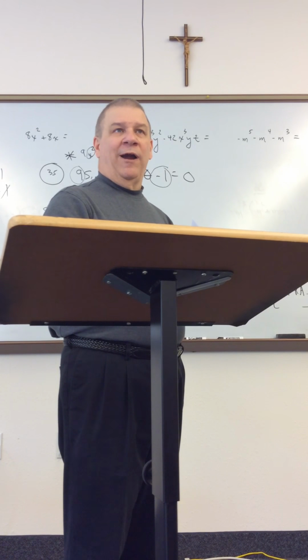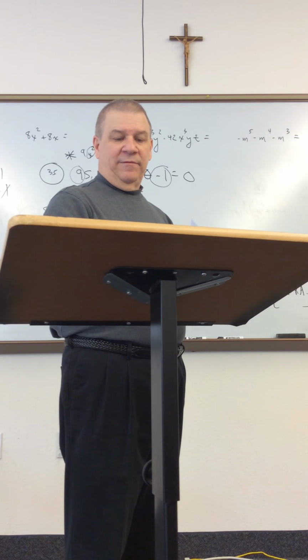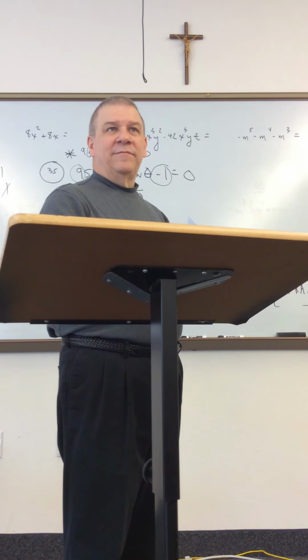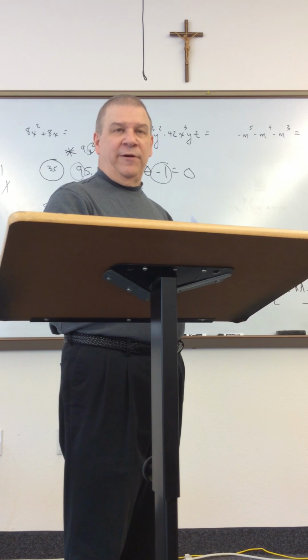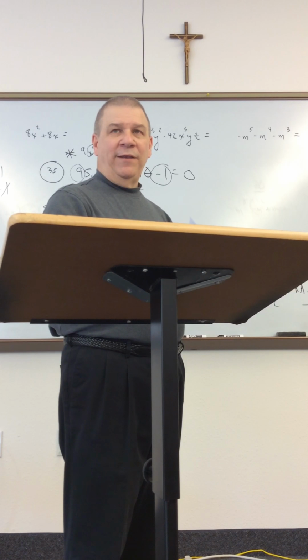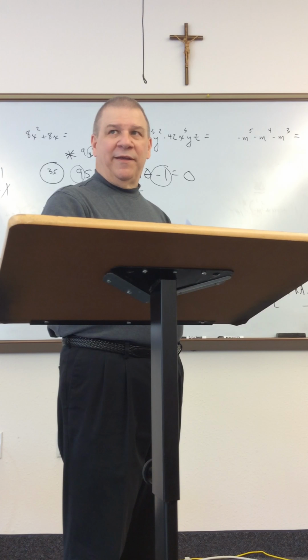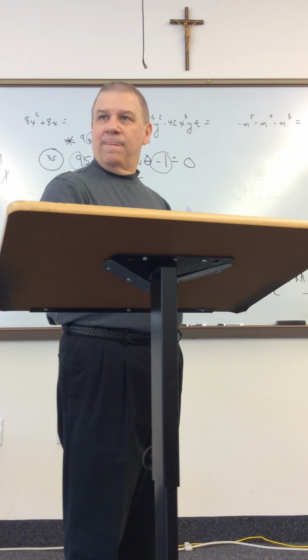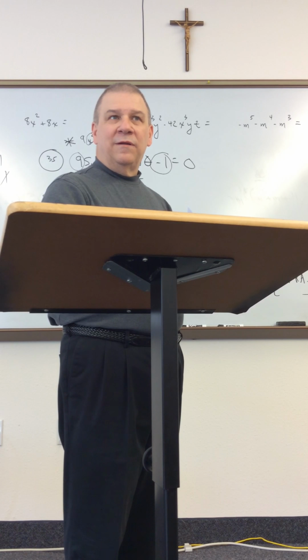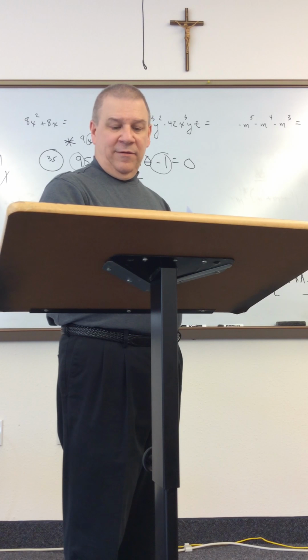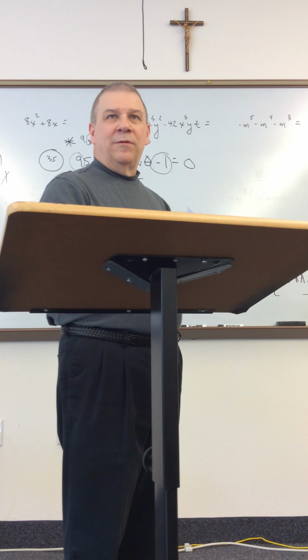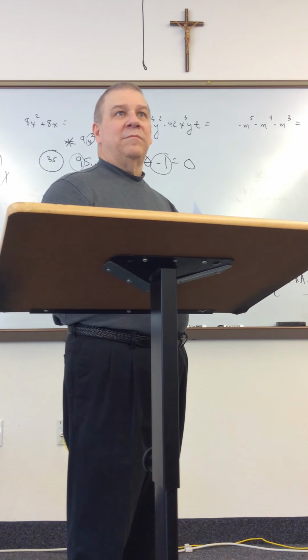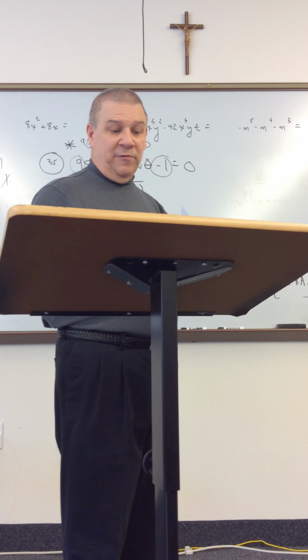In 34, how are you going to start? Look at it. Someone? Come on, I showed you this. How are you going to start in 34? Jack. You take cosine squared and make it 1 minus sine squared. Put 1 minus sine squared in for cosine squared.